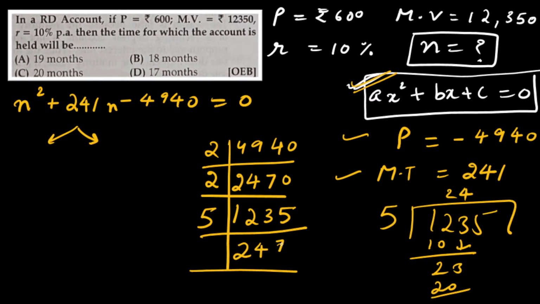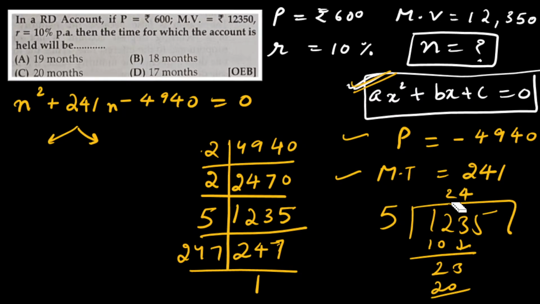247, minus 260 and 19. Minus 260 and 19. Okay, let's check. 20 and 247. So 247 is not a prime number. With prime factorization, you will get the factors.